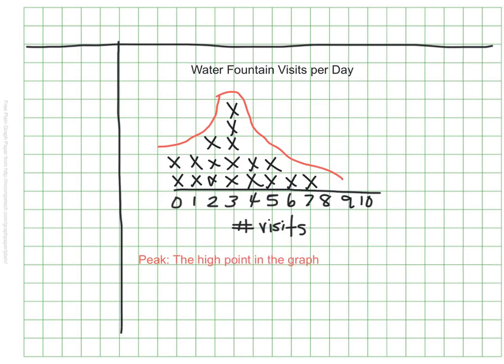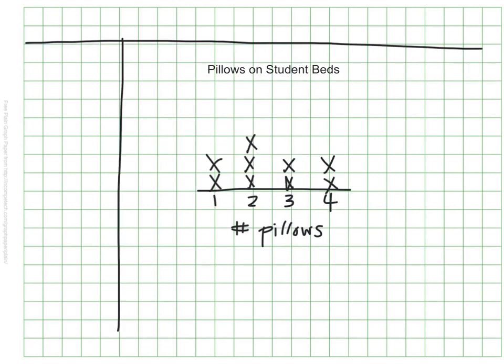What if we're looking at a line plot, and we don't see any peaks or gaps? Let's see what we would use to describe that type of distribution. In this quick line plot, we see this representing the number of pillows students have on their beds, right? And it just goes from 1 to 4. There's no gap, right? 1, 2, 3, and 4 all have values on them.